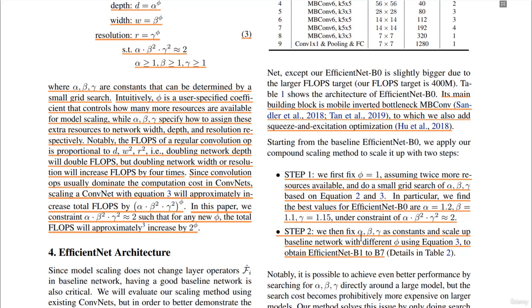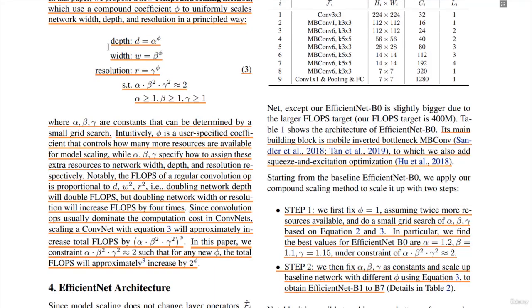And so after fixing these values for alpha, beta, and gamma, the authors scaled up the baseline model, which is EfficientNet B0, using different values for phi. So they obtained EfficientNet B1 to B7, and this was based on equation 3 as we have right here.